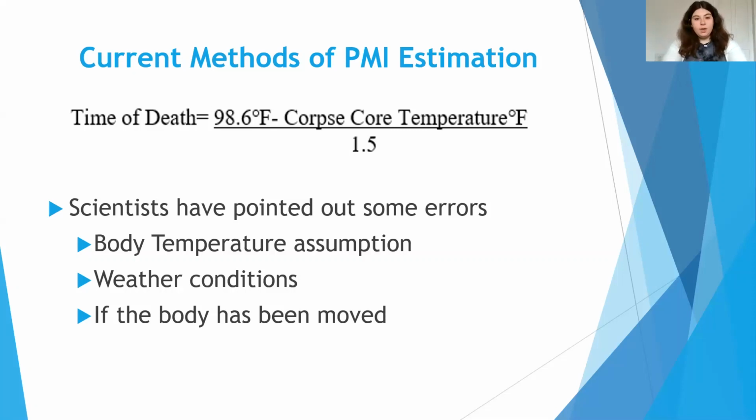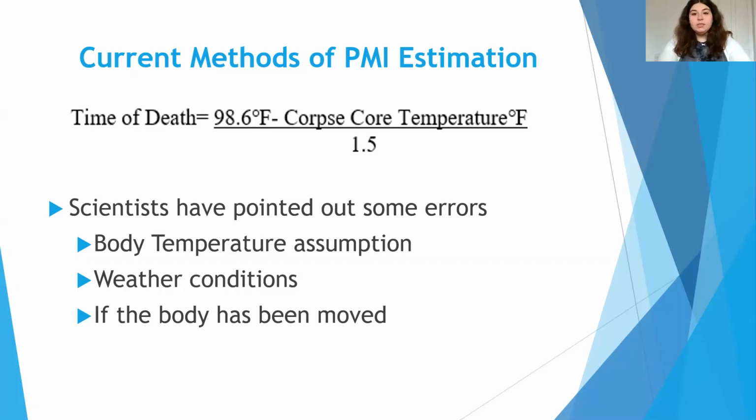So there are some errors that scientists have pointed out with this equation. The biggest one being that the body temperature is assumed to be 98.6 degrees Fahrenheit when oftentimes it fluctuates. Most human bodies do range around 98.6 degrees. However, there are some that run cooler, some that run warmer, and it's hard to know what this potential victim's average body temperature was.